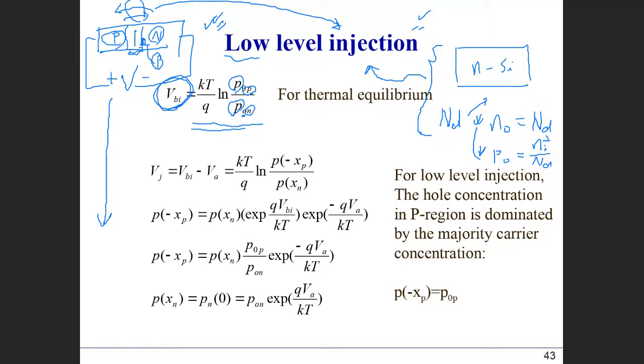Now, from this equation, if we apply the bias in the p-n junction diode, the applied bias goes to the junction, and the junction voltage we can rewrite with this equation. Instead of VBI, we have VBI minus VA, where VA is the applied bias from the outside, times kT over q.